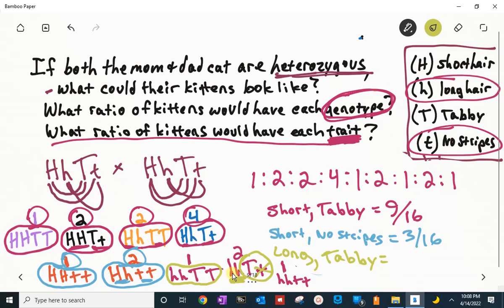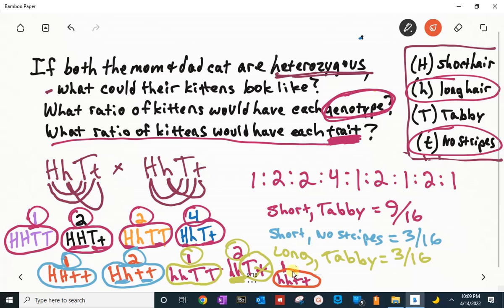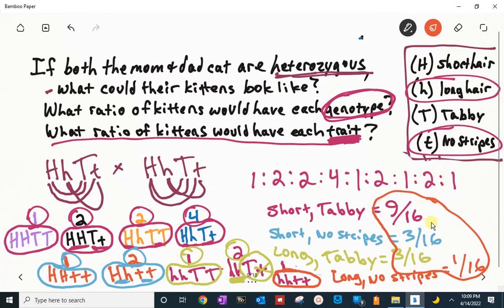So that's it for long hair and tabby. 1 plus 2 is 3, so 3 out of 16 kittens are going to have long hair with a tabby coat pattern, which just leaves us with this final one, homozygous recessive for long hair and homozygous recessive for no stripes. So long hair and no stripes is going to be 1 out of 16 kittens. So these are the ratio of phenotypes of the kittens.